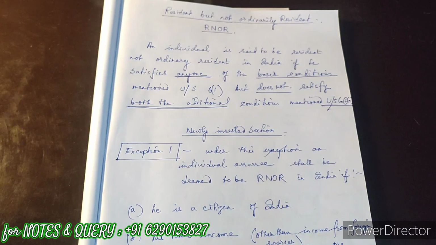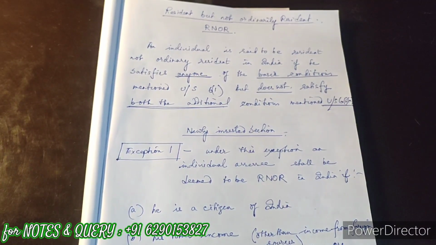So that way it is quite easy. So if he satisfies any one of the conditions of section 6(1) and none of the conditions of section 6(6), then we can call him resident and not ordinary resident.